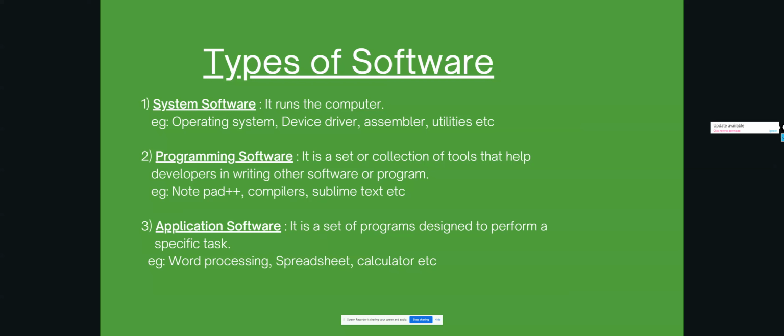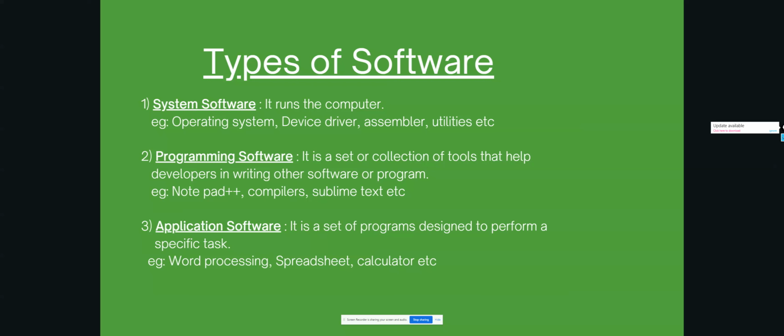If you take an example of a spreadsheet, that is MS Excel, you can do calculations in the MS Excel sheet. You will have symbols, you will have formulas, all those things will be present in the spreadsheet. If you want to do any calculations, you can use the calculator. So this application software is very user friendly.